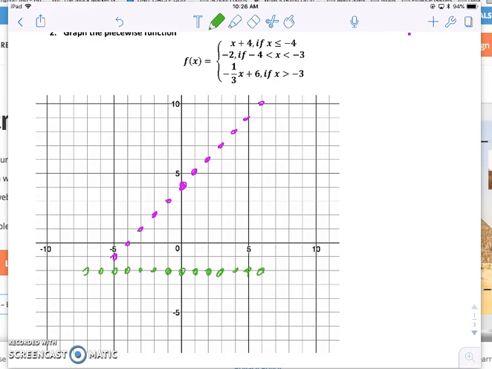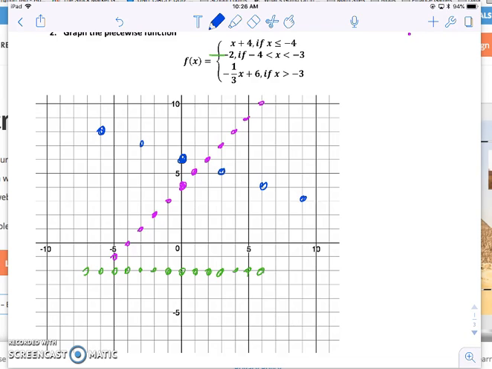So there's this one right here. And then the last one, we have 1/3 x plus 6. So 1, 2, 3, 4, 5, 6. We go down 1 over 3, down 1 over 3, down 1 over 3. So we have our line.